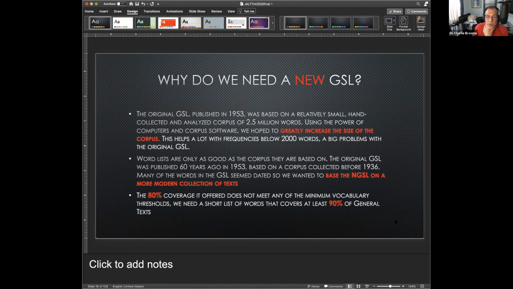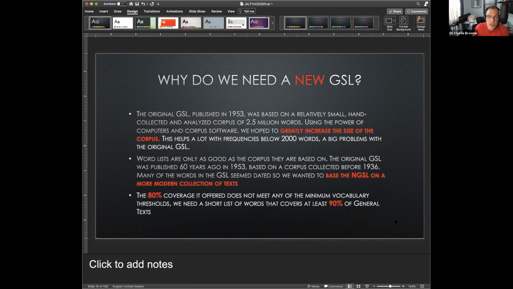One is that the corpus of the original GSL was way too small, and with a very small corpus size, you don't have good frequency counts above 2,000 words. So we needed a larger corpus. Also, the old GSL corpus was very, very old, more than 100 years old. Most of the texts were 100, 150 years old.